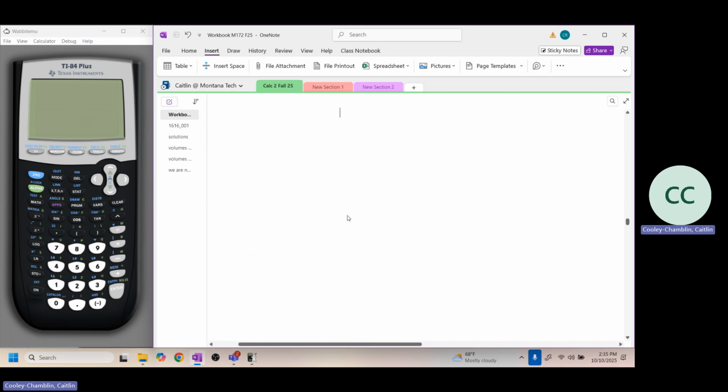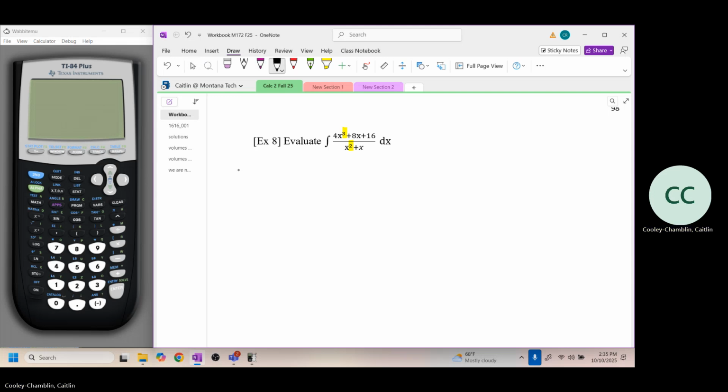So up until this point, the leading term power in the denominator has been larger than the top.